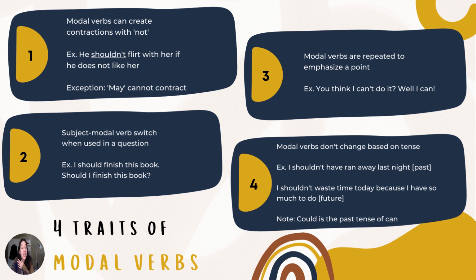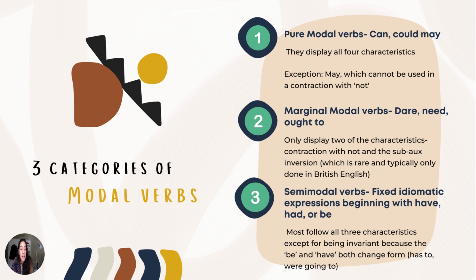Now, we know that the English language is very good at making rules to be broken. So there are some modal verbs that do not follow all 4 of these rules. And depending on which rules they do follow, they get put into 3 categories.